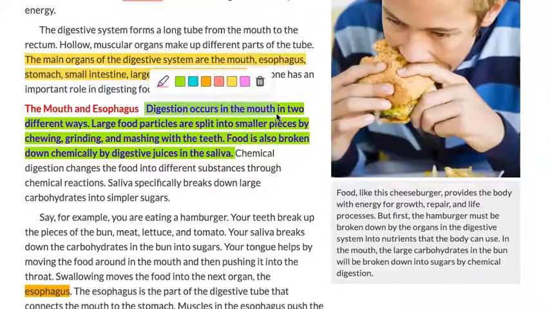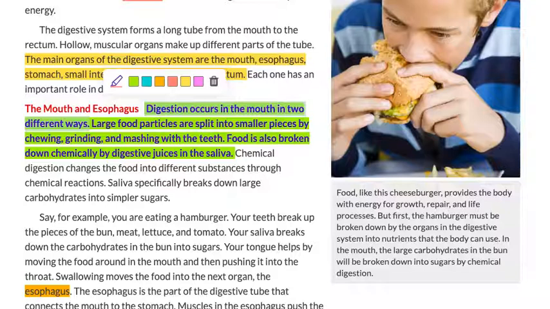Digestion starts at the mouth in 2 different ways. So mechanical digestion, right? Let me see if I can put this somewhere where we can see it. Put it here, mechanical digestion.